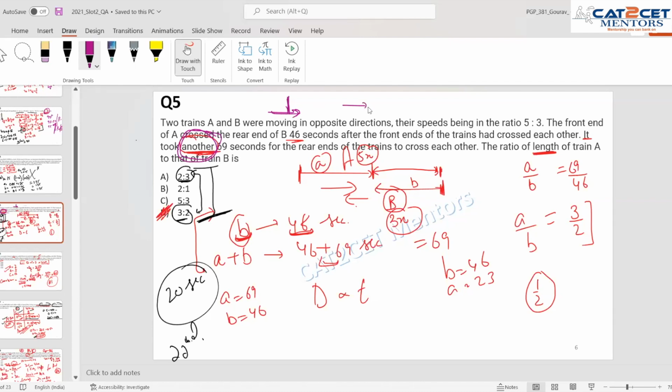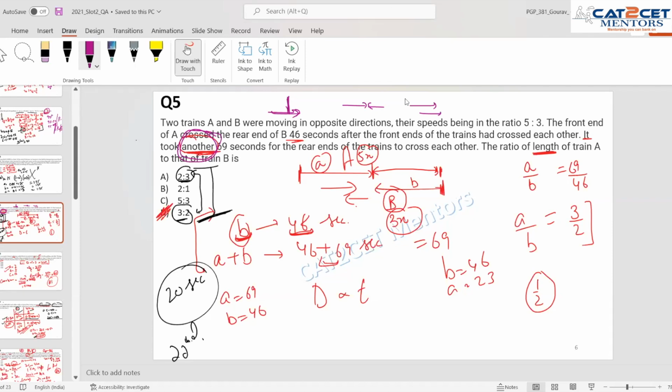Second, if 2 trains are going either in the same direction or in opposite directions, then train 1 crosses train 2. In all those types of questions, we need to find the length of train A or B. Or a train crossing a man, again the same concept where the man is a stationary pole.